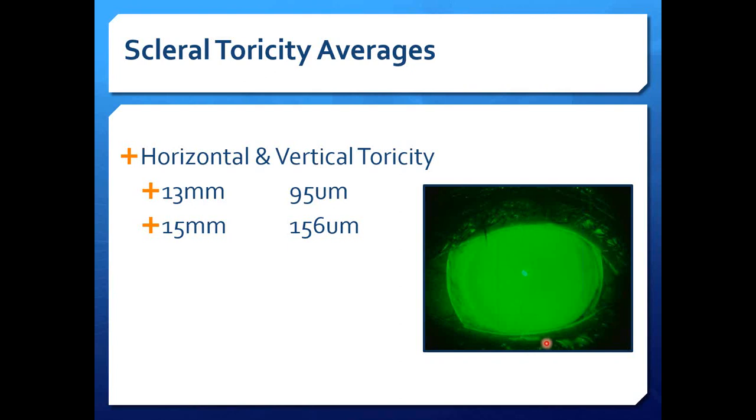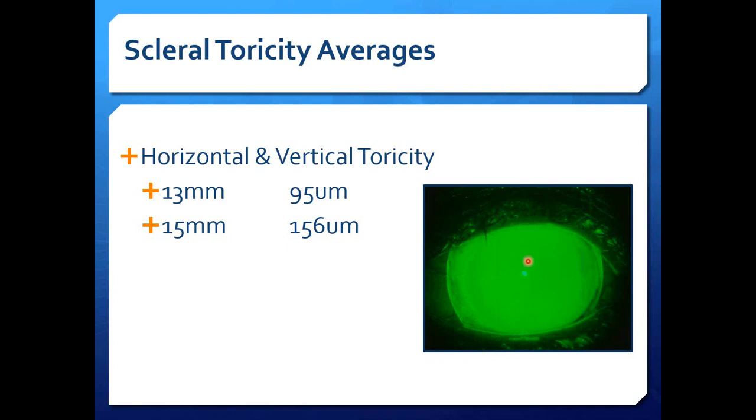It's pretty rare, but occasionally you'll run into a patient with against the rule scleral shape, and this is a patient where the lens is actually landing at 12 and 6 o'clock and you can see no bearing across the horizontal meridian. This same patient was also very abnormal in that they had 500 microns of toricity.